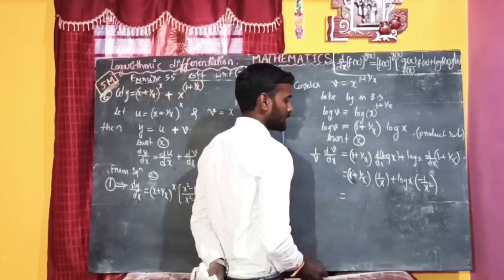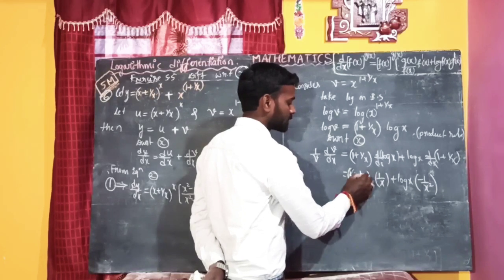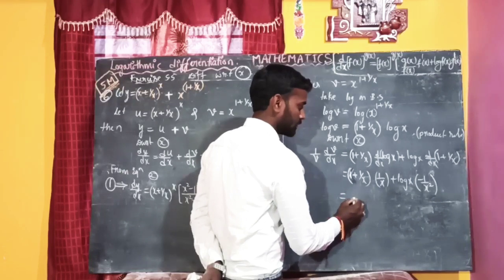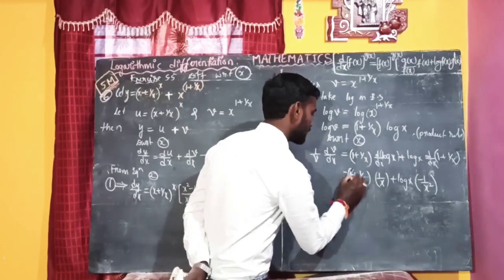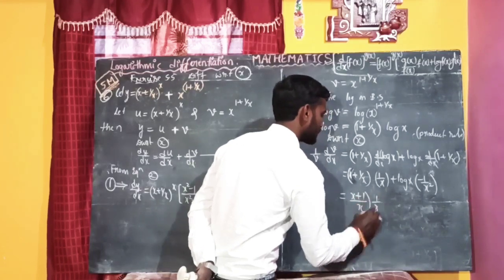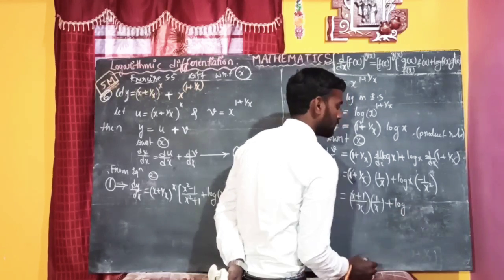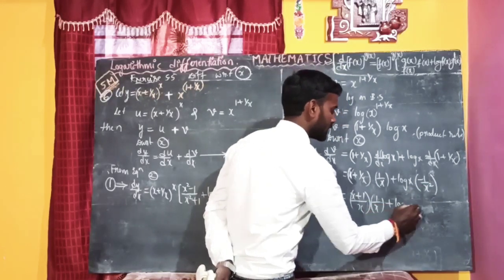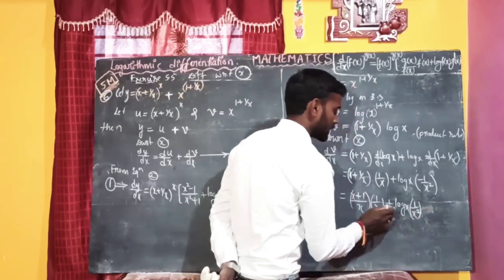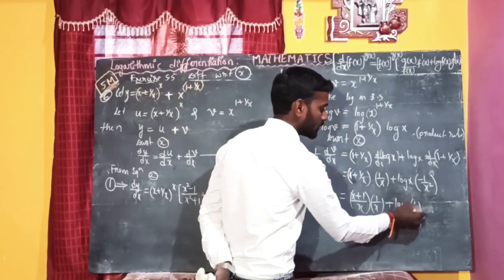Now this is equal to, observe guys, (x plus 1 by x) into 1 by x, plus log x into minus 1 by x square. Here plus into minus is minus log x into 1 by x square.